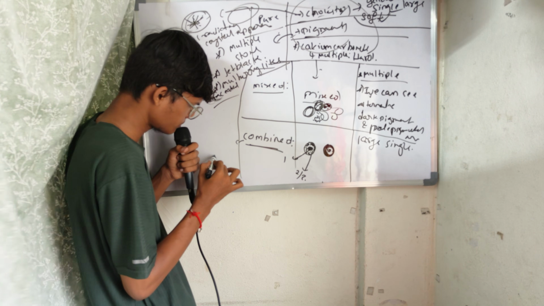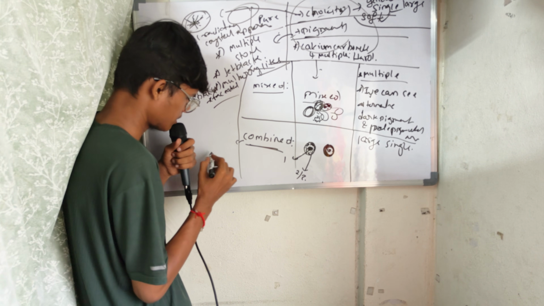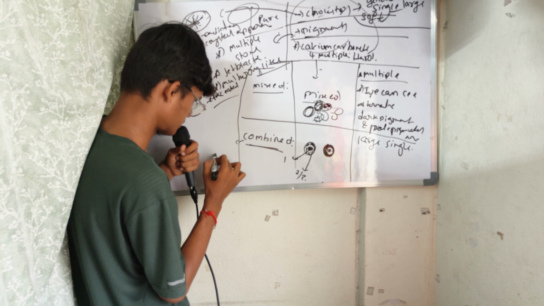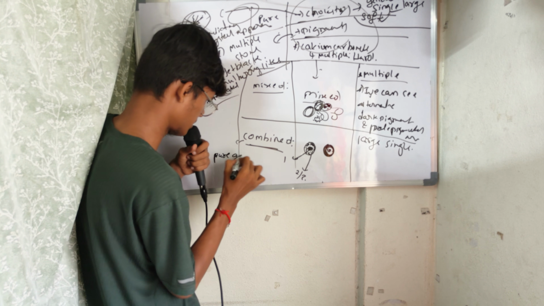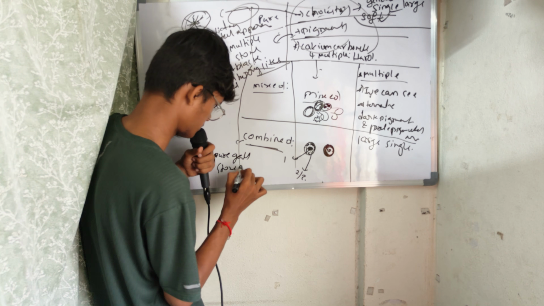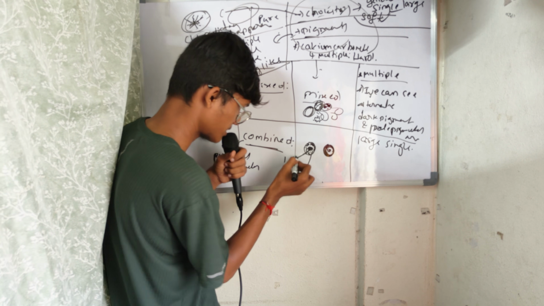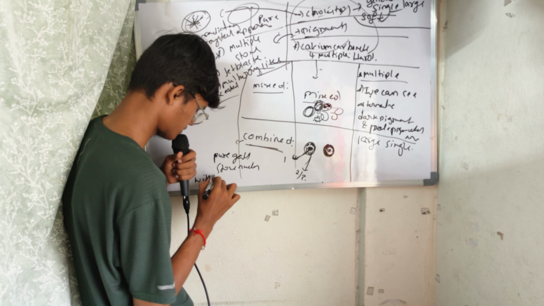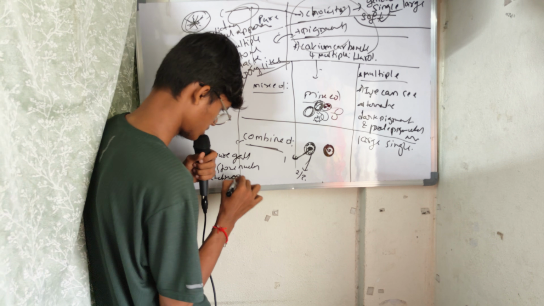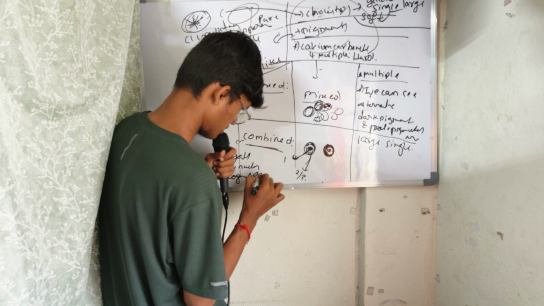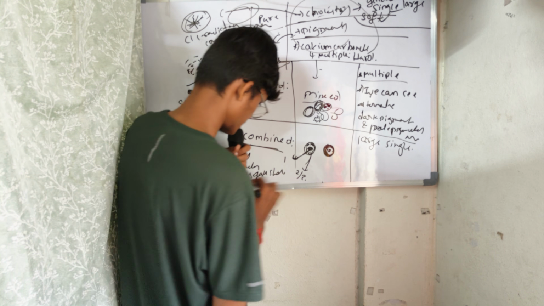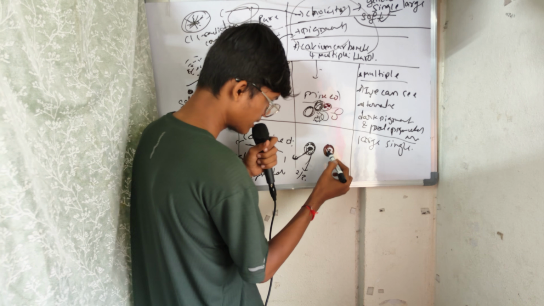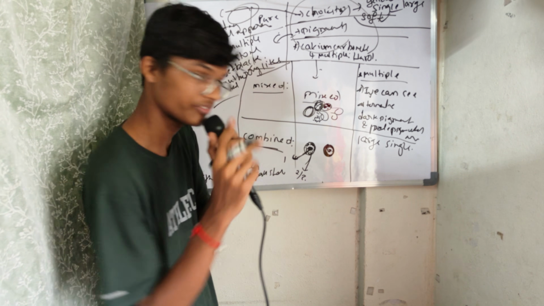This is called a pure gallstone nucleus, meaning it is made up of only one substance, with a heterogeneous shell made up of many things. And here the center nucleus is made up of different things.